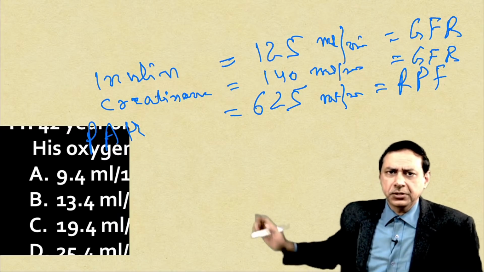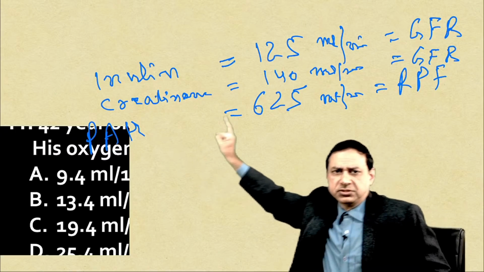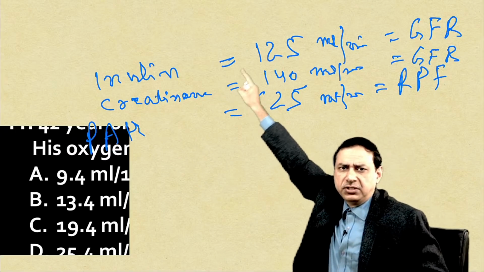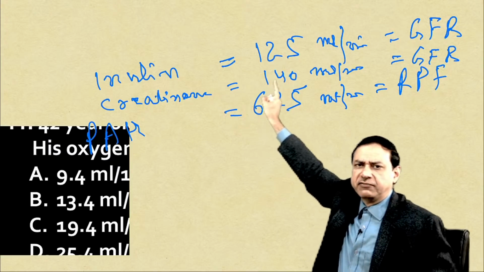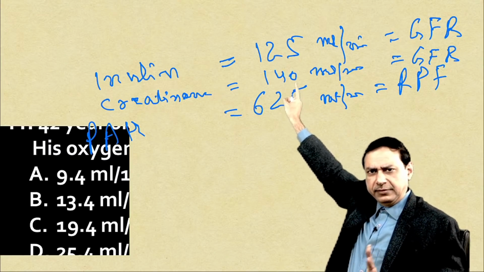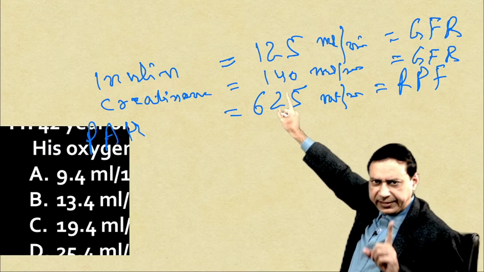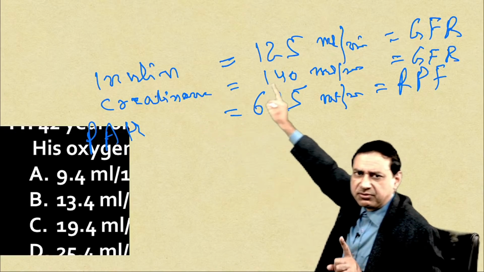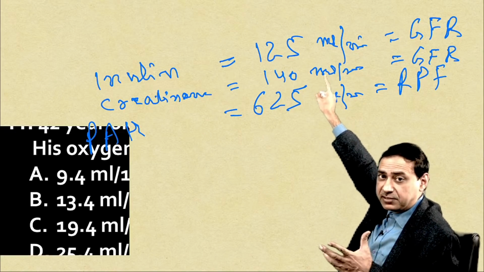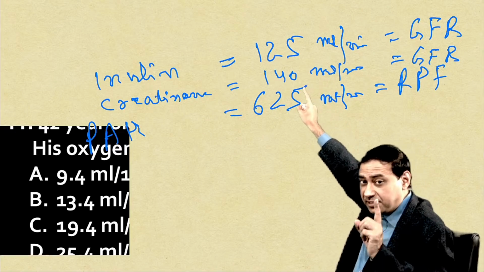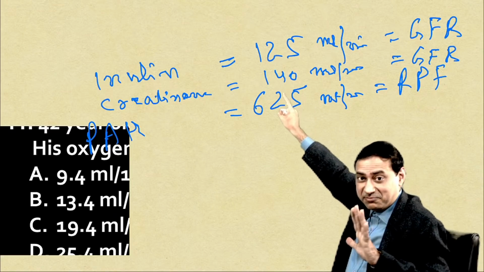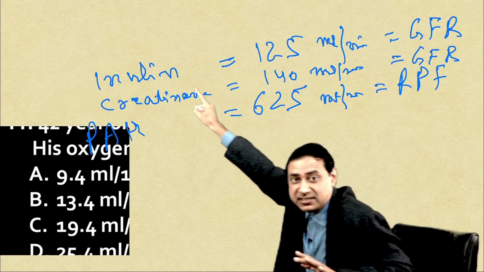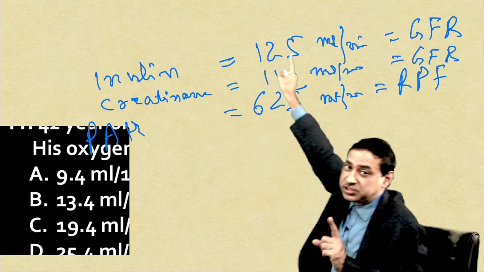So PAH 625, inulin 125, creatinine 140. Clinically, we use creatinine clearance to assess the GFR. But physiologically, it is inulin which is most accurate.